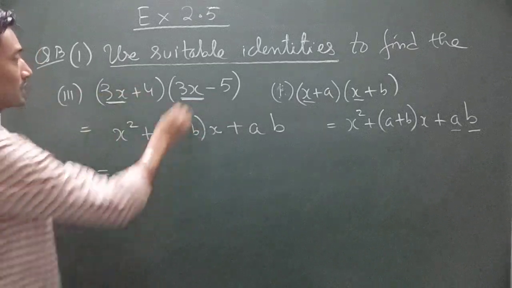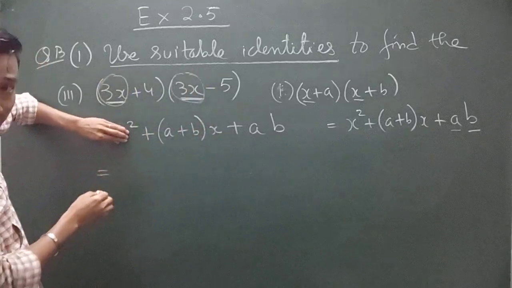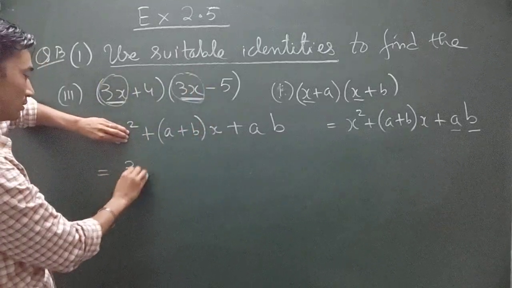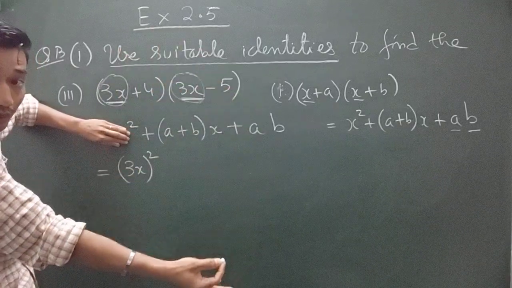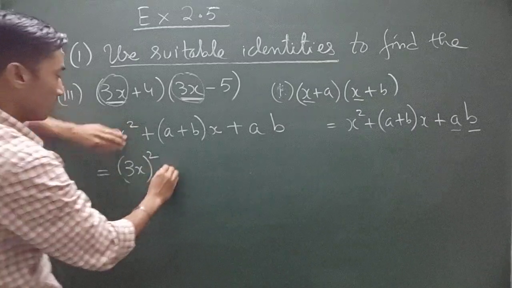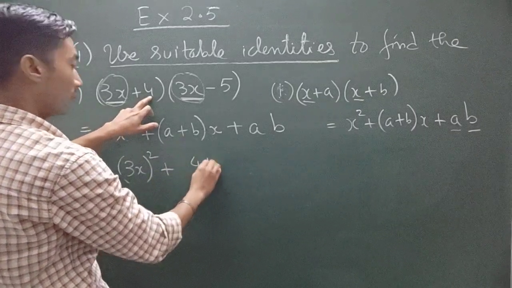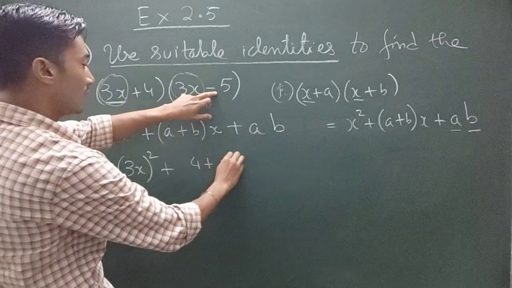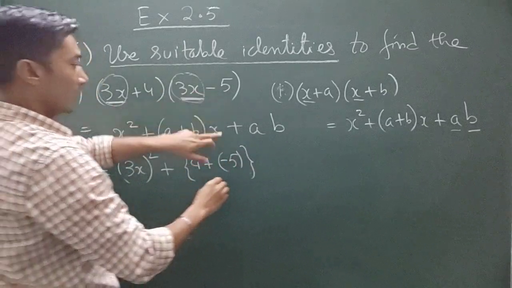What is the value of x here? It is 3x. So instead of x, I will be using 3x. But remember, whole x squared, the entire square. So (3x) squared plus, what is the value of a here? 4. Plus, value of b, minus 5. I'll use a second bracket, into x.